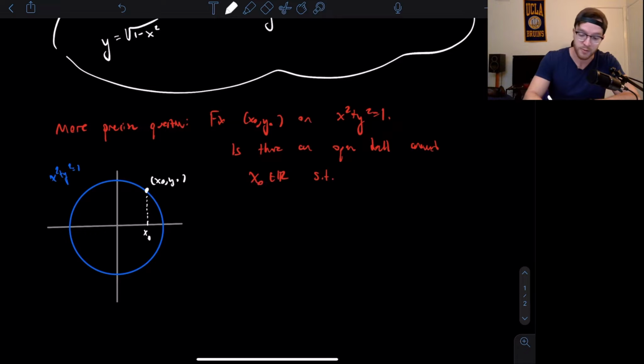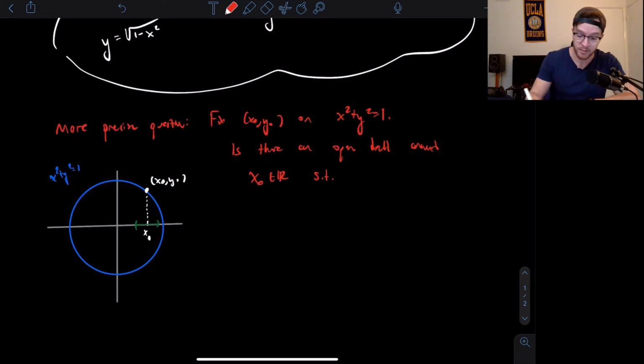And what I'm looking for right now is I'm looking for some open ball in the x-axis that contains this point, such that the points on the circle near this fixed point can be described as a function y in terms of x on this ball.